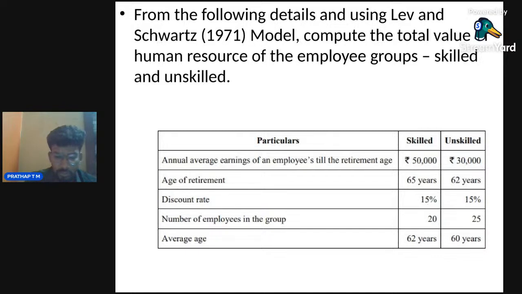So number of employees. In your question, they mentioned 20 and 25. So 20. This is 25. So multiply with that one.